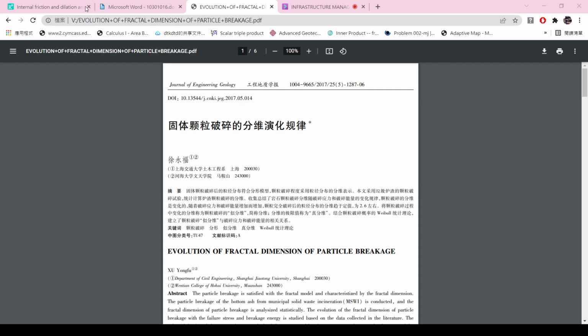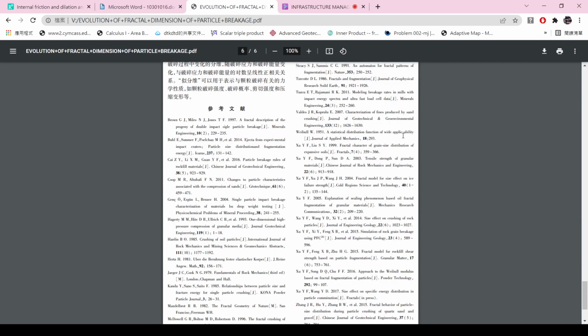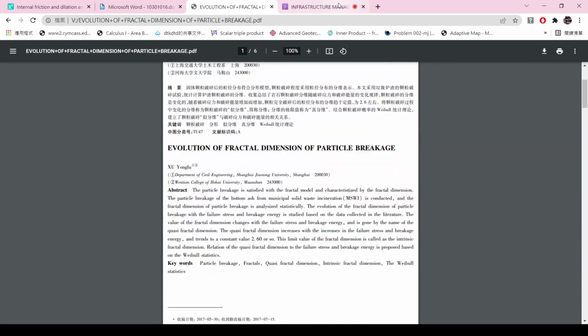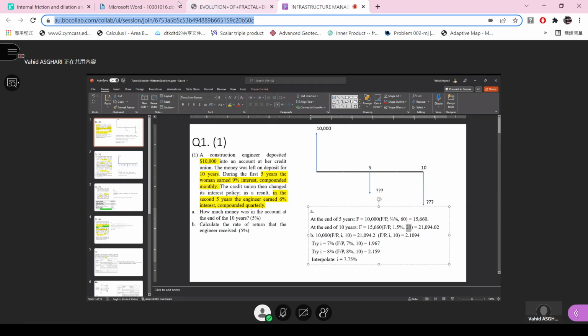Does anybody have any questions? I think this one was quite clear, at least from my point of view, but I don't know from your point of view. Did anyone have any problem with this question during the exam?